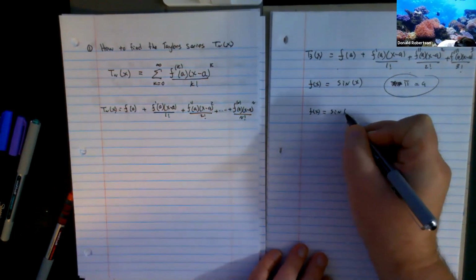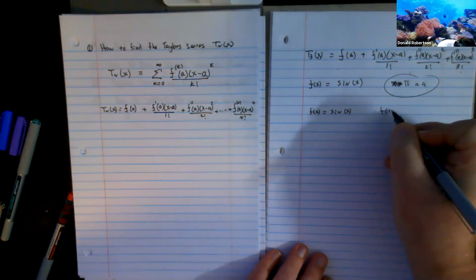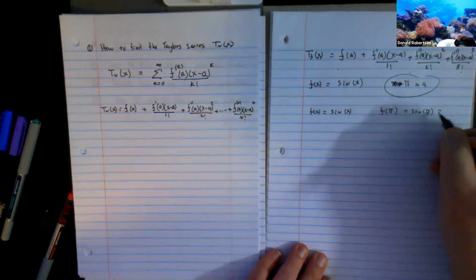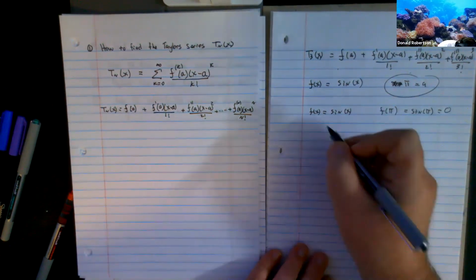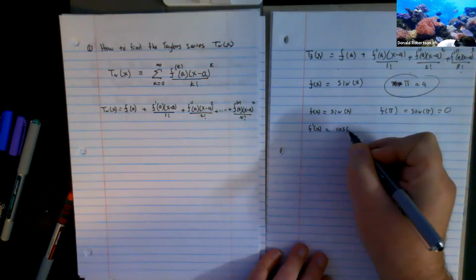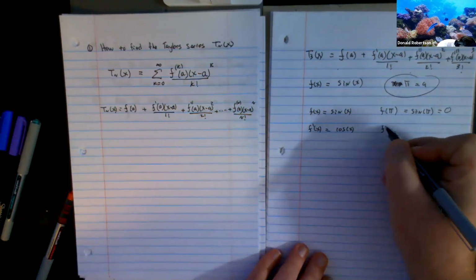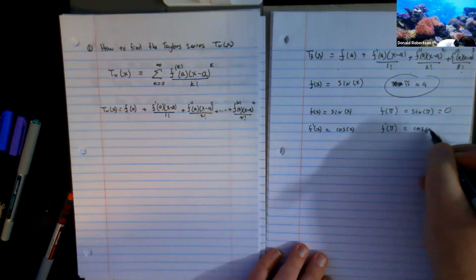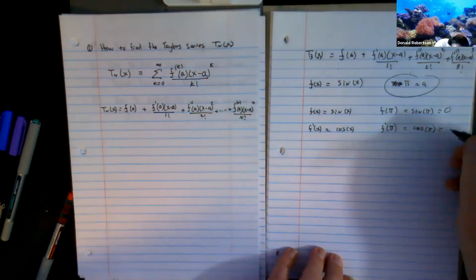That's sine x. So at pi, it's the sine of pi, and the sine of pi is 0. That's fine. And then the derivative is cosine of x. And the first derivative at pi then becomes the cosine of pi, and that happens to be -1.